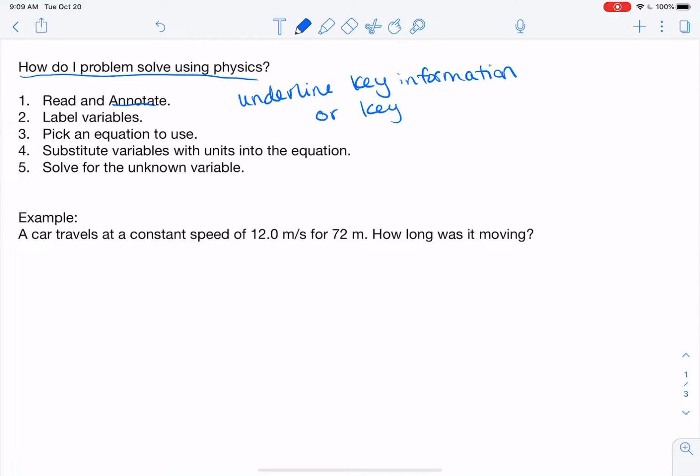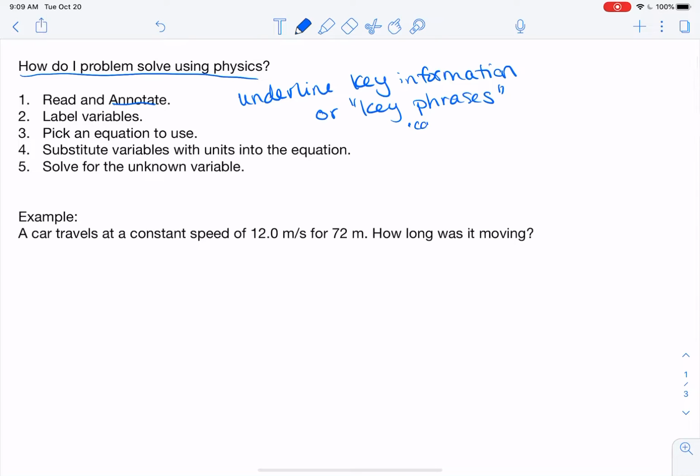Key phrases might be word clues that tell you a little thing about what's happening in the problem. Like, for instance, with motion, if it says starts from rest, that's not a number that you would underline, but it implies that it starts at 0. So that would be a good key phrase to underline. Or even, like, constant velocity is another good phrase to underline.